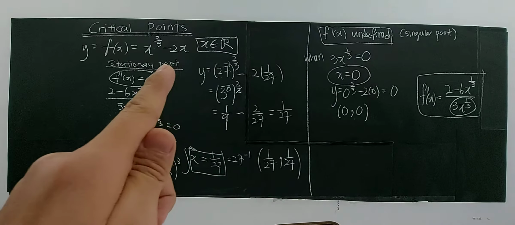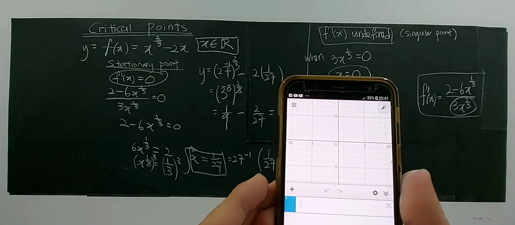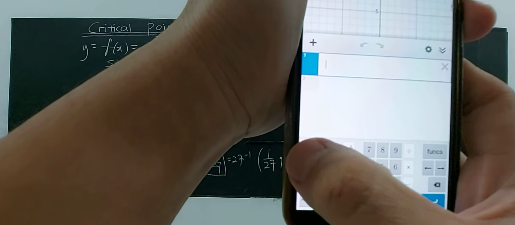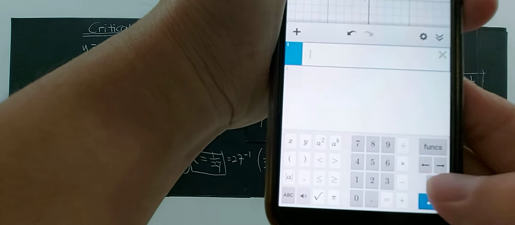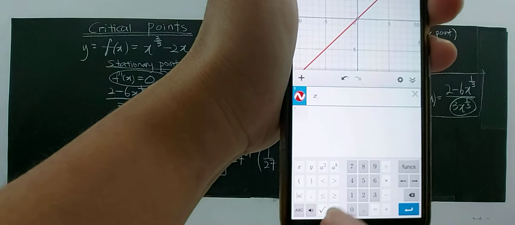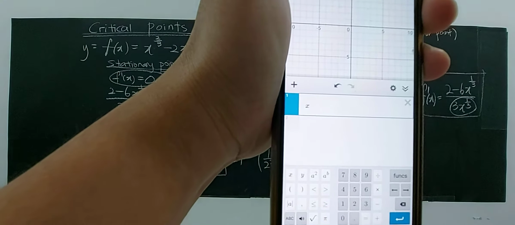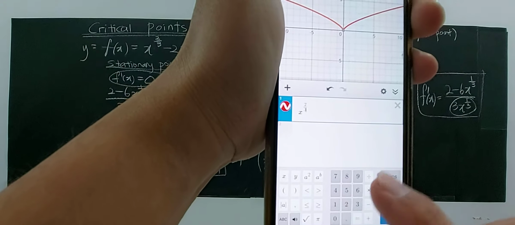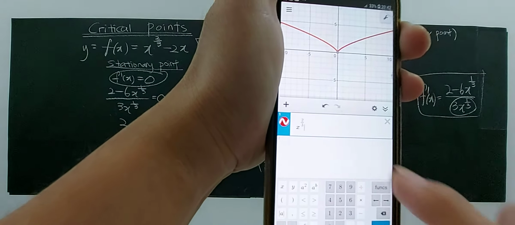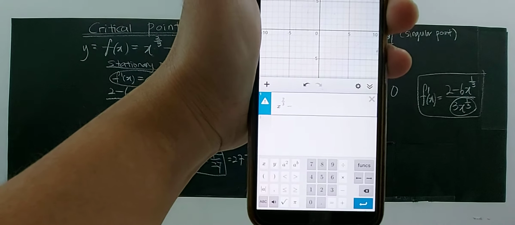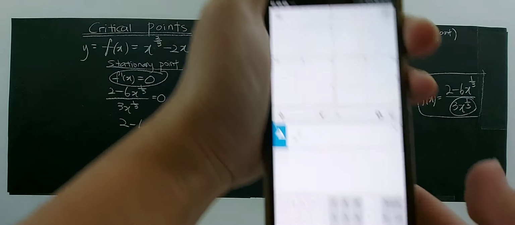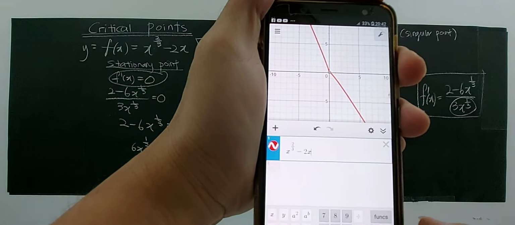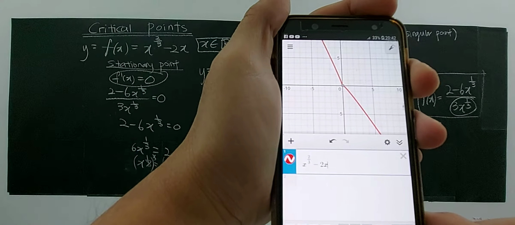I will show you. So I key in x, and the power of 2 over 3, so 2 divided by 3. Now I do minus 2x. So I key in x to the power of 2 over 3 minus 2x.